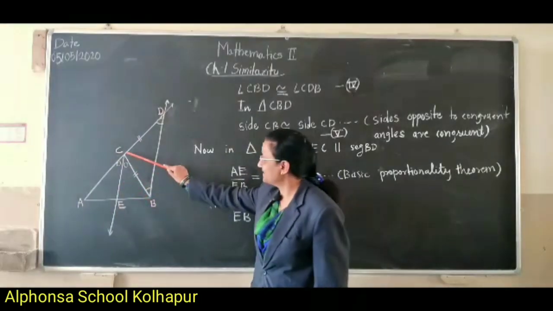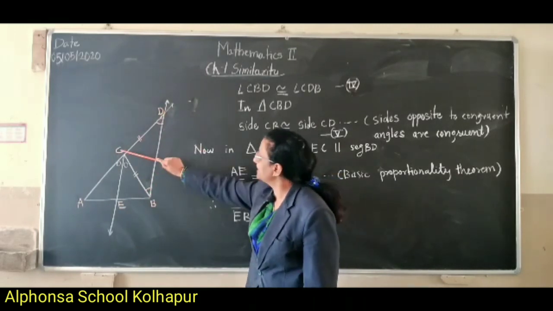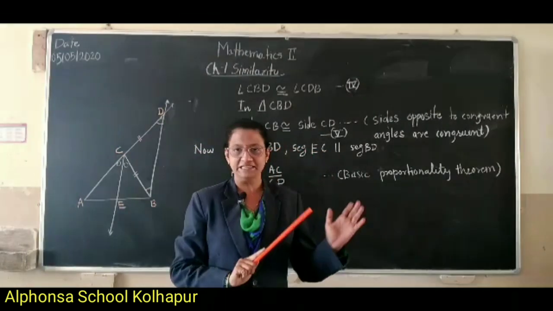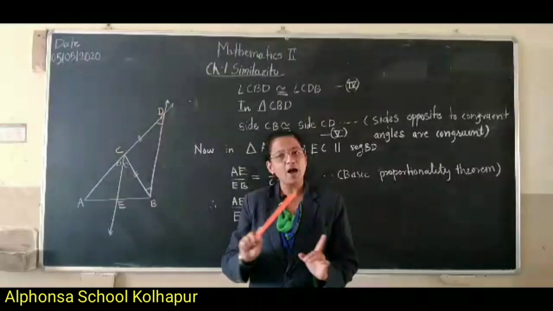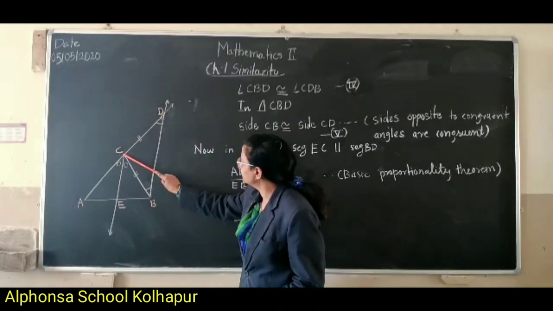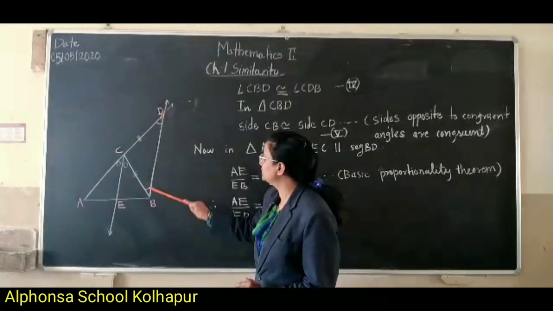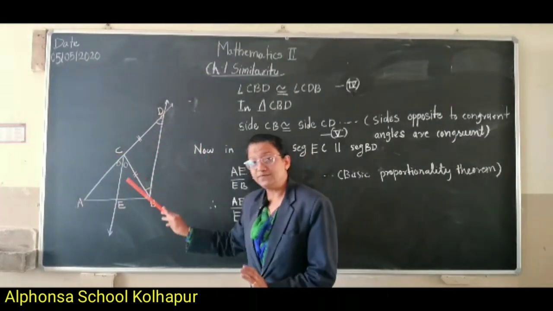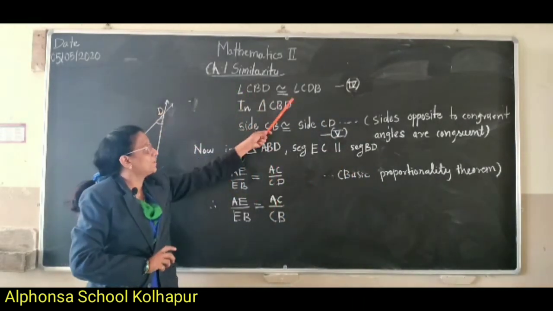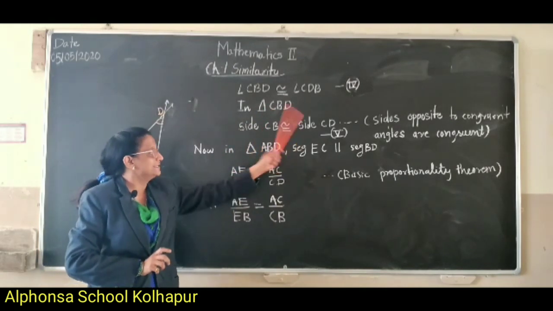See here, in triangle CBD, angle CBD and angle CDB are congruent. And one theorem which we learnt in 9th standard was, sides opposite to congruent angles are always congruent. So, these two sides, CD and CB, are congruent. Why? Because they are opposite to congruent angles. So, we will write it in the proof. As these two angles are congruent, in triangle CBD, side CB is congruent to side CD.